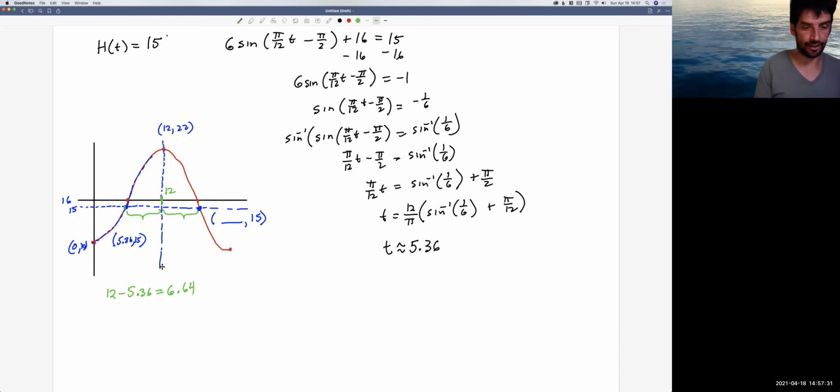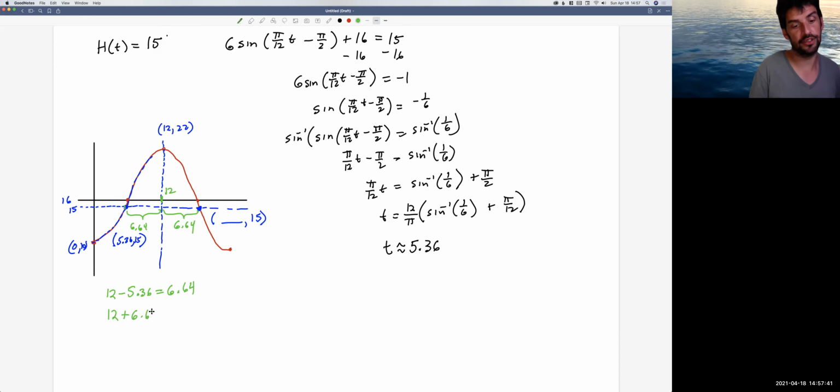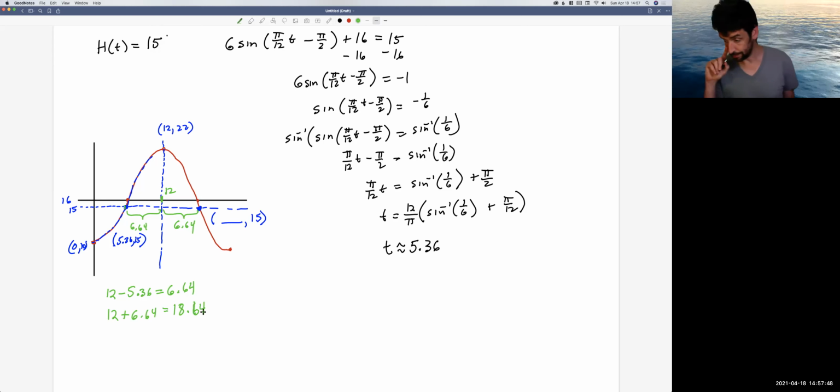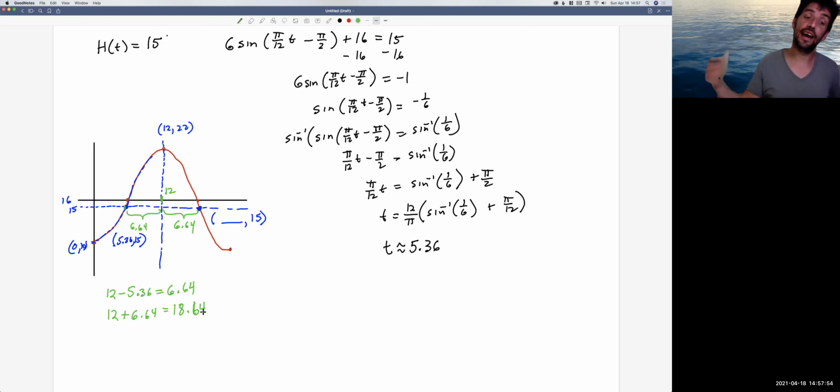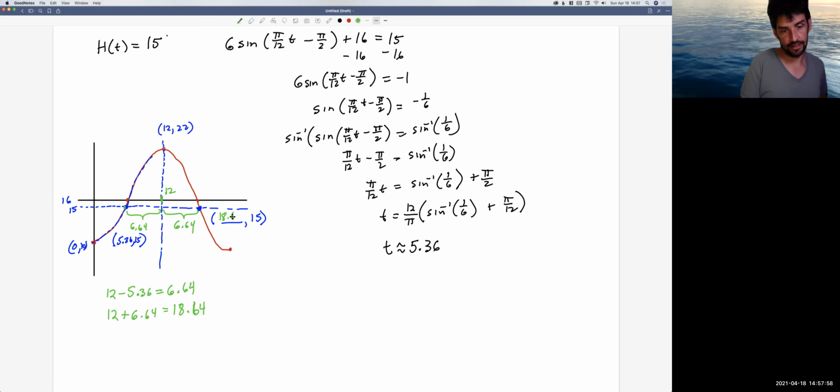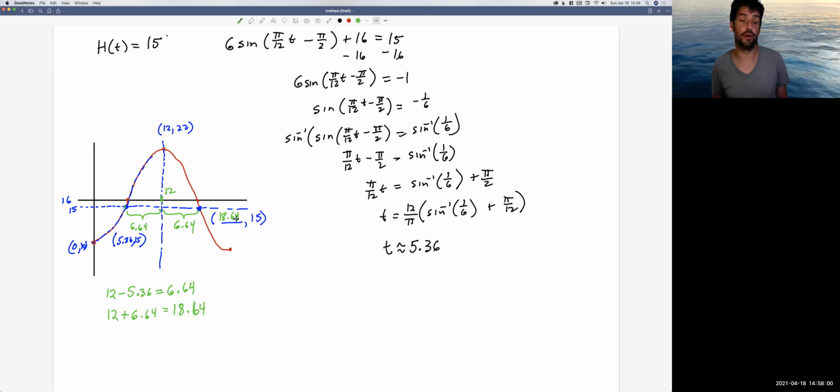So the distance there is 6.64. We want to move the same distance to the right, above 12. So 12 plus 6.64 is going to give us that coordinate of 18.64. And that's a time in the afternoon, I guess we're bleeding into the evening here, where the tide is going to be at 15 feet according to our model.